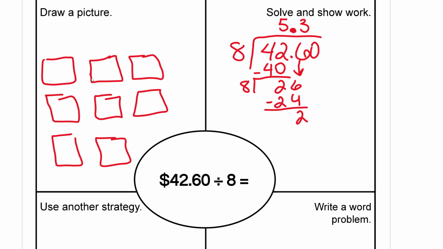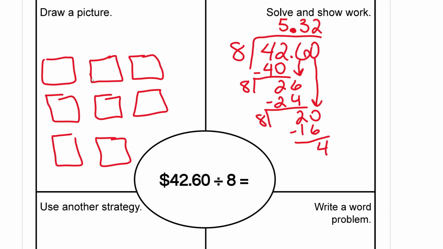And so now I'm going to bring down that 0. So how many times does 8 go into 20? Well, 8 goes into 20 2 times. 2 times 8 is 16. And I ended up with 4 left over.